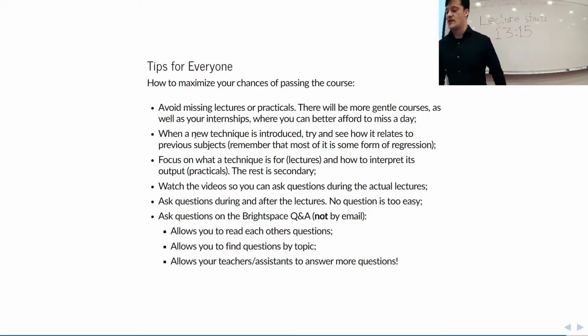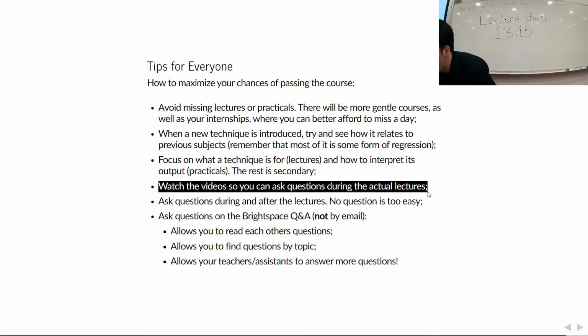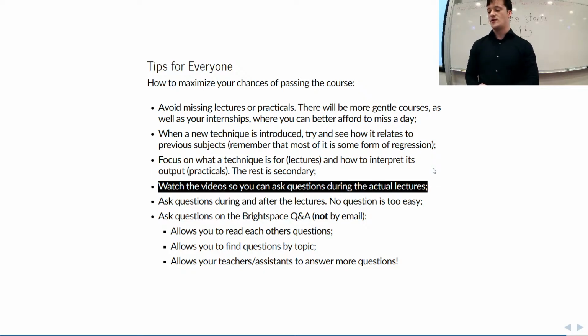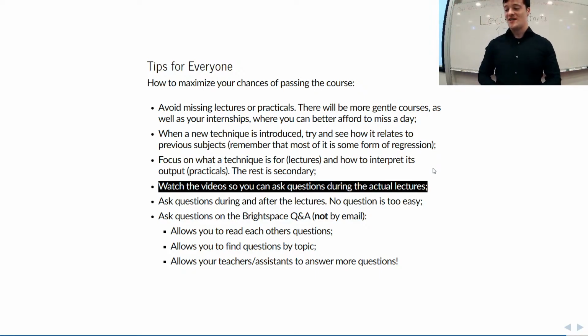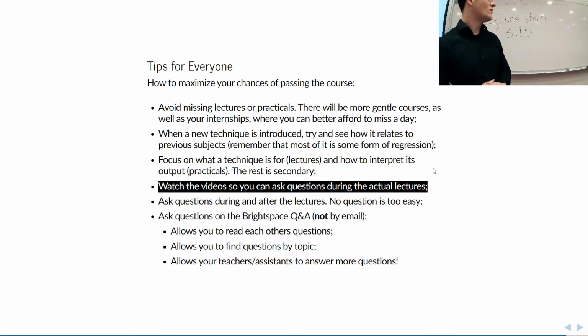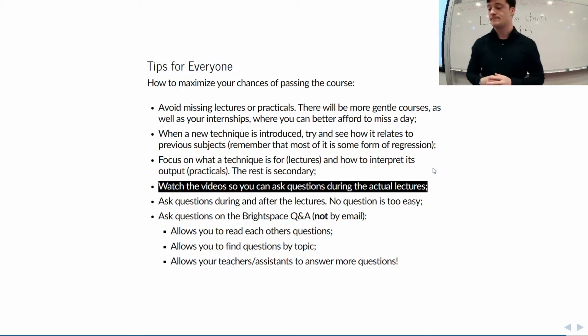Whether the videos, so about this bullet point, whether they're going to be uploaded to YouTube or to Brightspace or to the sites I just showed. And the answer is all three. Of course, they're going to be uploaded to YouTube. That's the only way for me to share them. Then I post a link on the content of that day on Brightspace, and I try to copy it to the GitHub page. So everywhere is the answer.